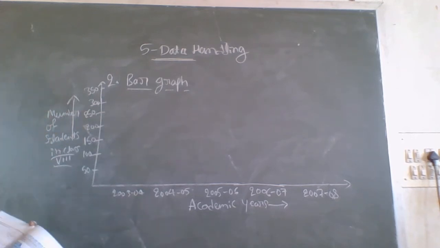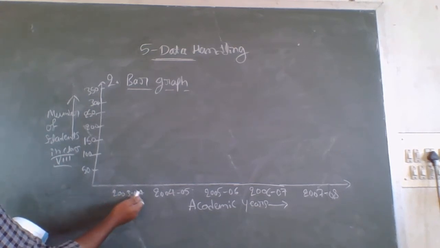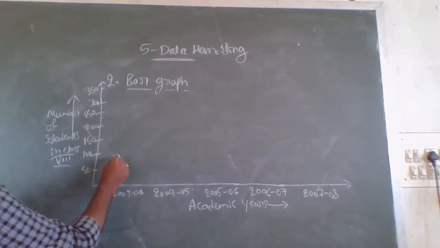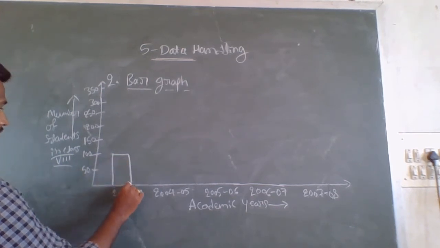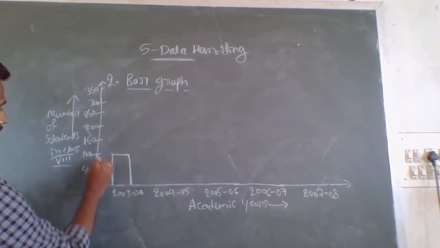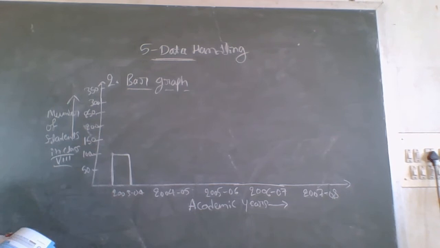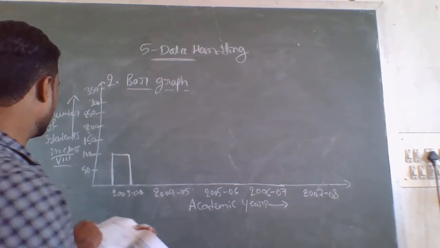And here 2003, 2004, how many students are there? 100. So we'll take the length of the bar to 100 here. So there are 100 students in class 8 in 2003 and 2004. Like that only in 2004 and 5, there are 200 students.